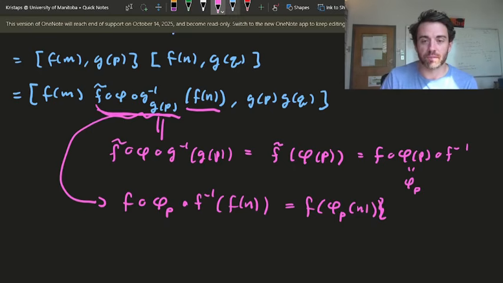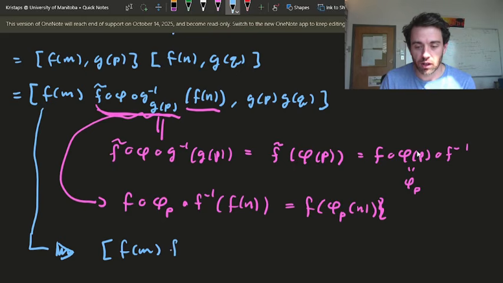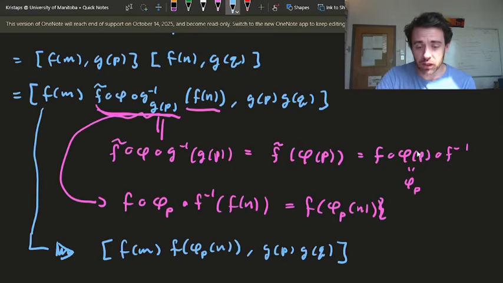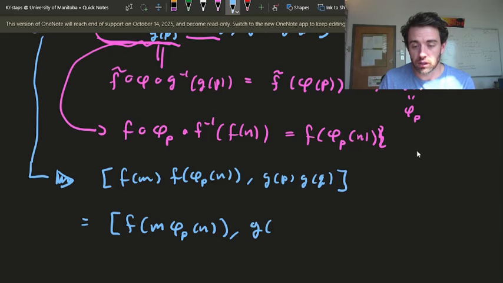Therefore, this whole entire expression we have above now becomes fm times f of fp evaluated at n times gp gq. But f and g are group homomorphisms, and so this is fm times phi p n and g of p times q.